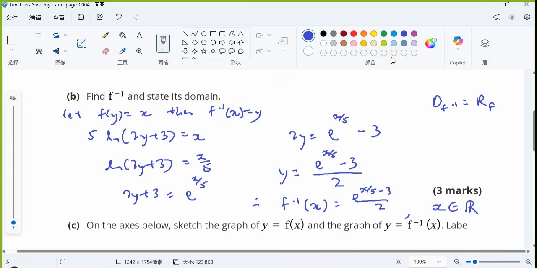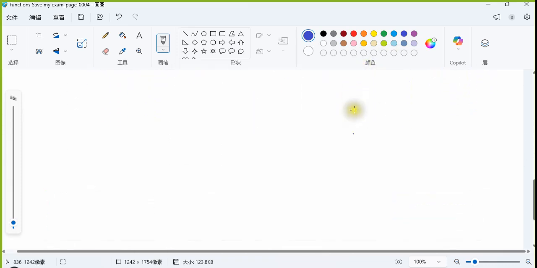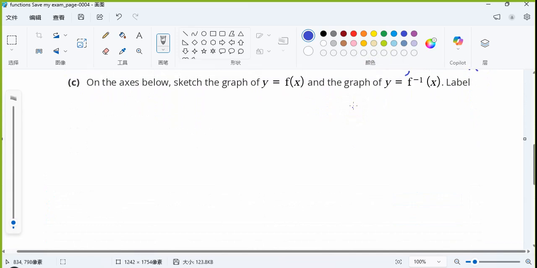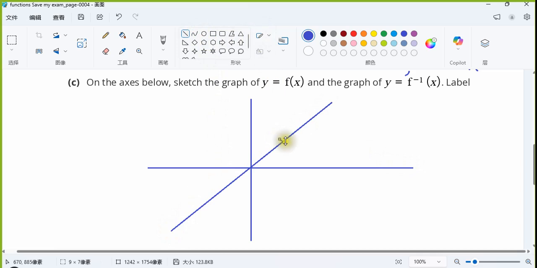And then on the axes below, sketch the graph of f(x) and the graph of f inverse. Label. So we have the x-axis and the y-axis here. And then y = x is the axis of symmetry.